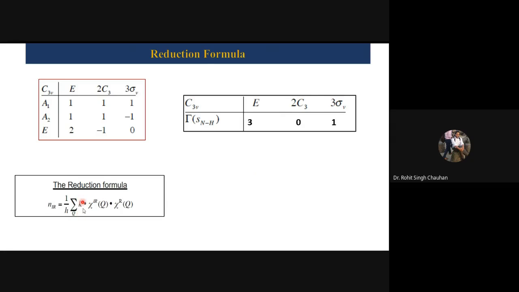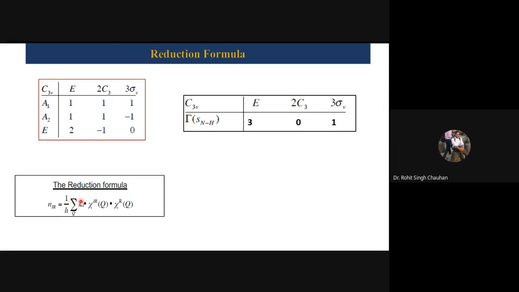But if you compare with the projection operation, there is no K. So be careful. Again, I am telling: first, to form the SALC, you need to reduce by applying the reduction formula, and later on projection will come. Don't apply the projection operation directly, otherwise you are going to get a wrong answer.